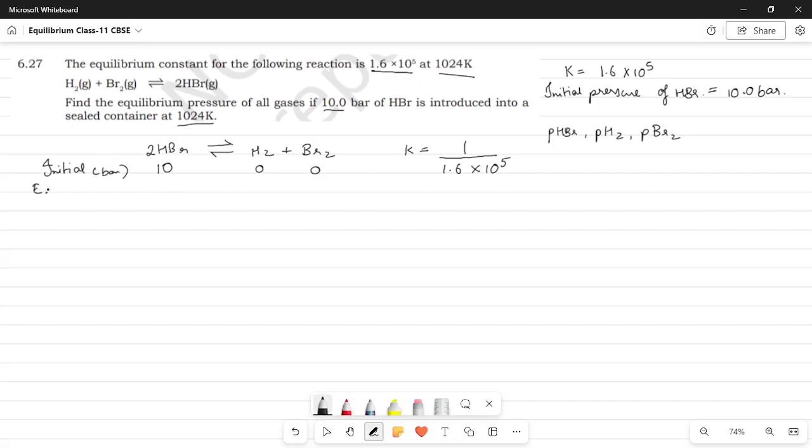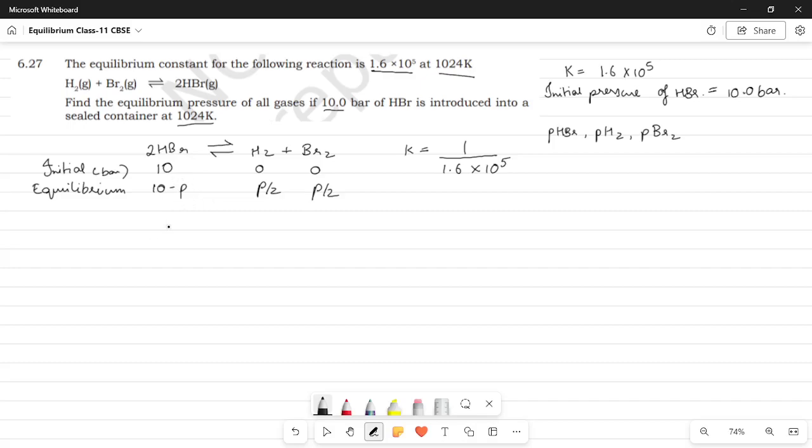At equilibrium, you would have 10 minus P, and P divided by 2 and P by 2 as the pressure for these two gases. So essentially, you have a deduction of the pressure of HBr by P, and all of that would have split into H2 and Br2. So you have P by 2 and P by 2. So P bar is the decrease of pressure of HBr.